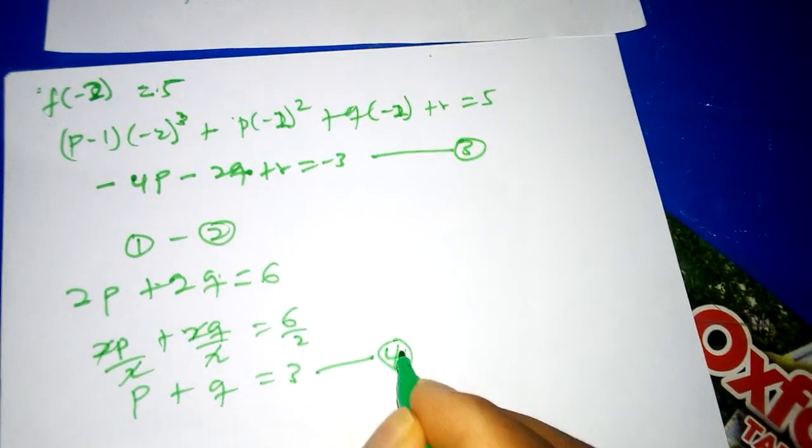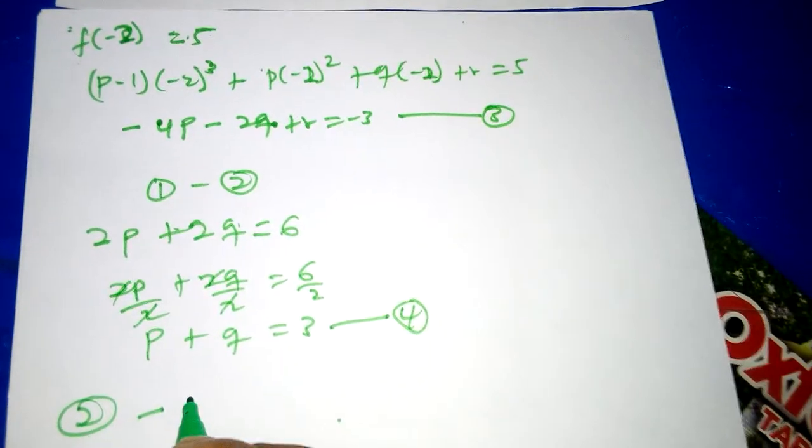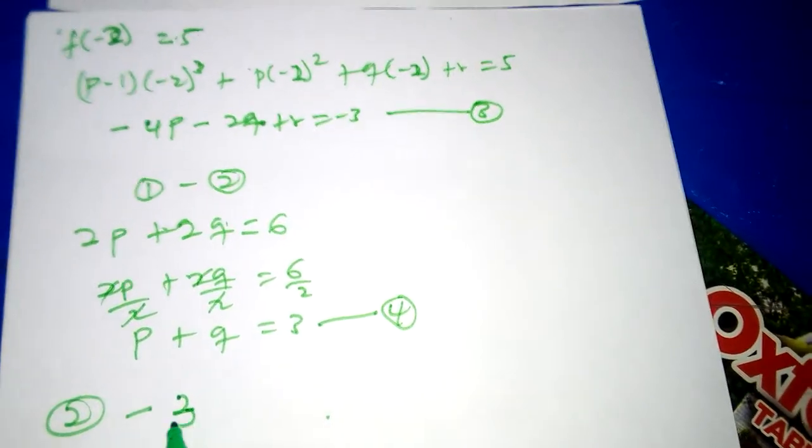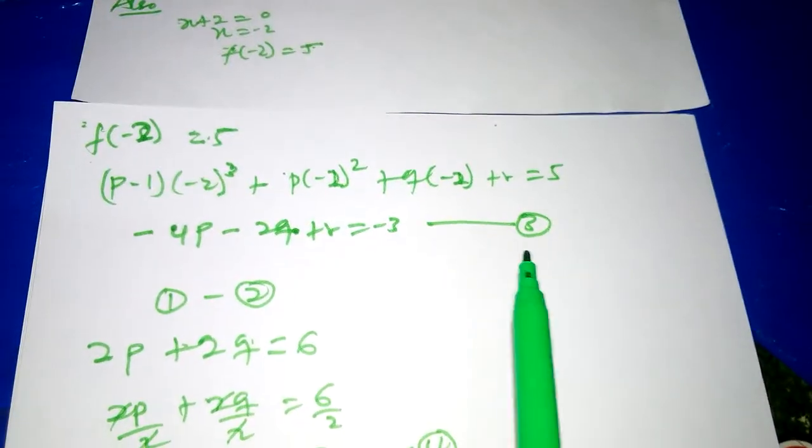That will give me equation 4. And then I'll take equation 2 minus equation 3.